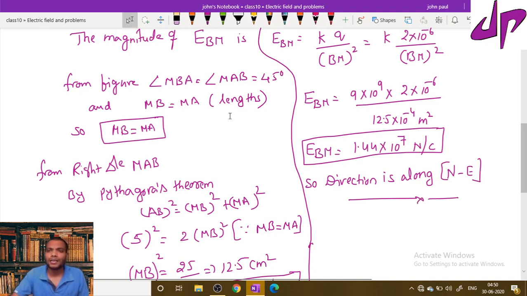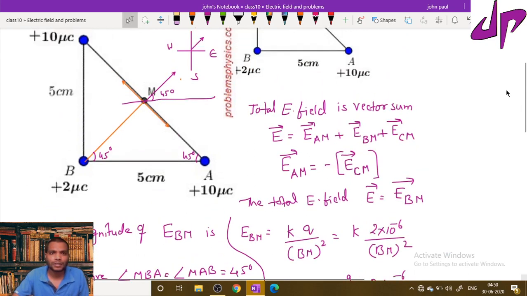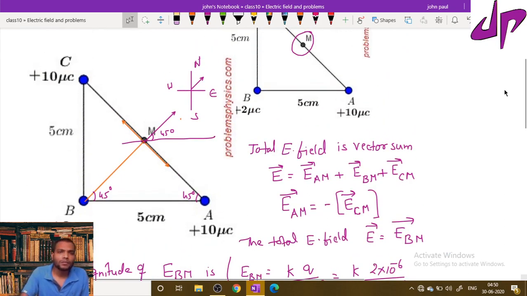So that is the resultant electric field of these three charges at the midpoint of the side of the isosceles triangle. Here the electric field is a vector sum, and we need to mind the charges, whether positive or negative.